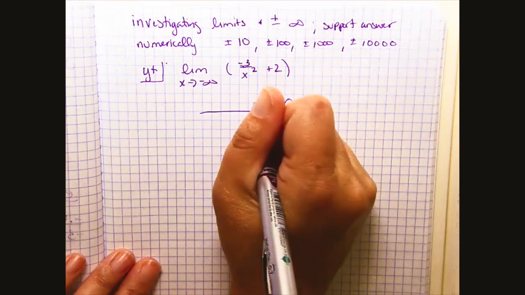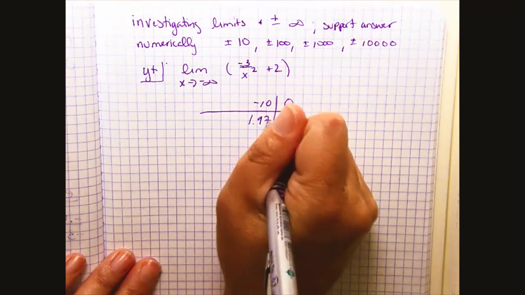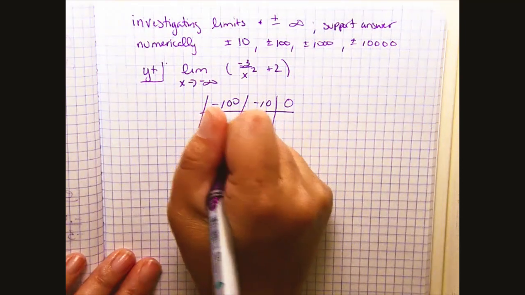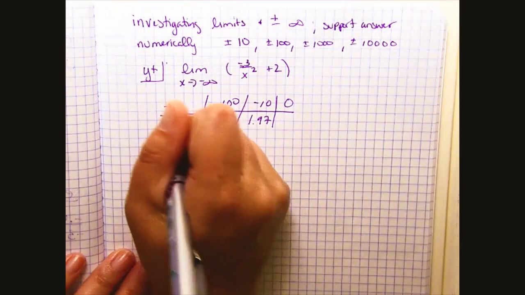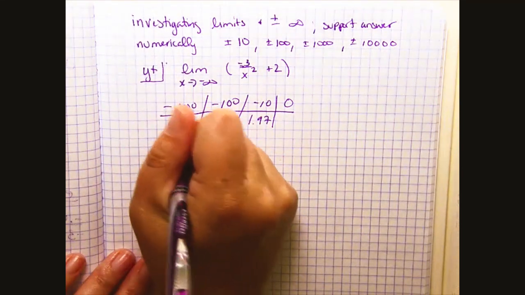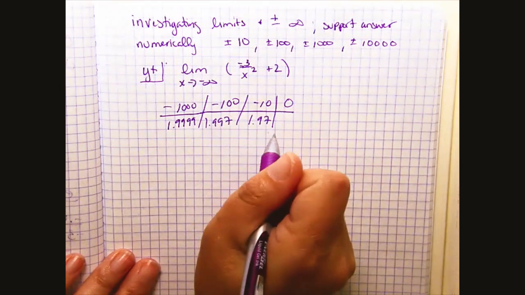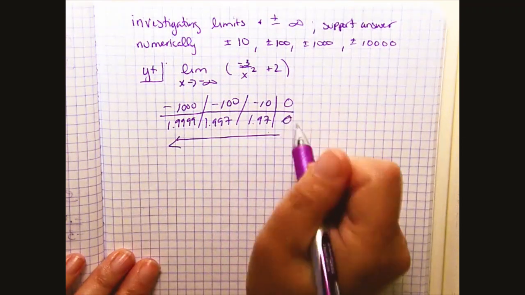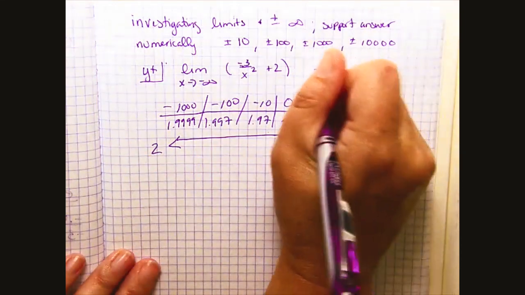We do -10, and I believe it's 1.97, -100, and let's be honest, if you get the gist here at -1,000, you don't need to do -10,000. And really the goal is that we're not going to be supporting our answers numerically very soon. And sure enough, if we are going to negative infinity, this looks like it's approaching 2. And there we go.